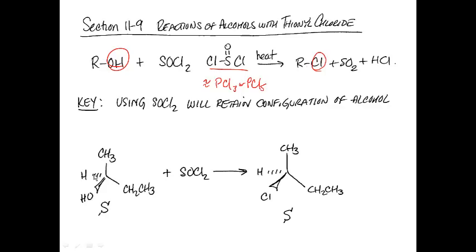The chlorine goes in exactly the same position as the OH started in, 100%. We could get 100% inversion. We could get somewhere in between 100% retention and 100% inversion, and that would depend on the particular reaction. Or we could get a racemic mixture out if we go through a carbocation intermediate.